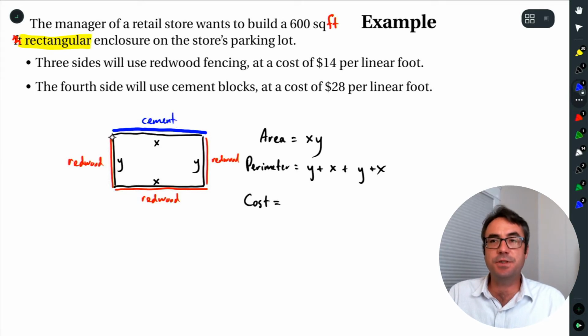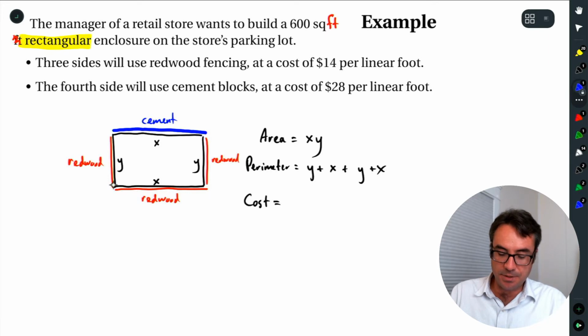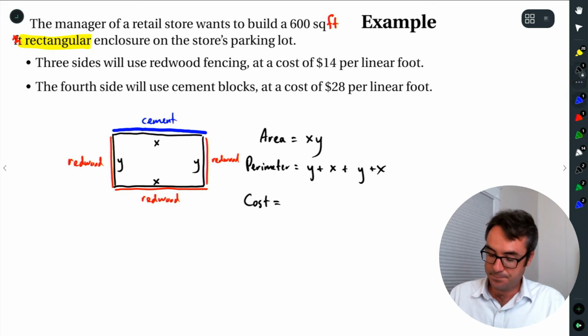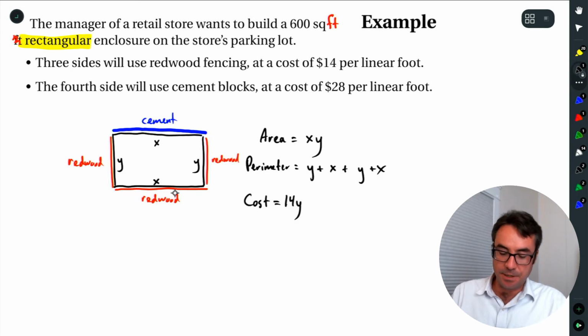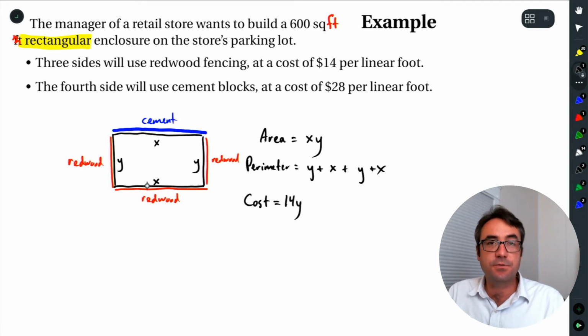So how much just for this side? If the length is Y and redwood fencing costs $14 per linear foot, the cost for just building this one side is going to be 14 times y. Okay. Then let's do the cost for this side right here. How much would this side cost? Well, it's also redwood, so it's going to cost $14 per linear foot.